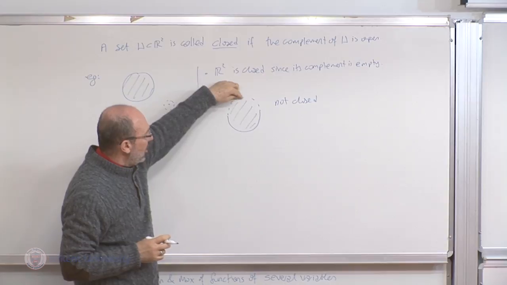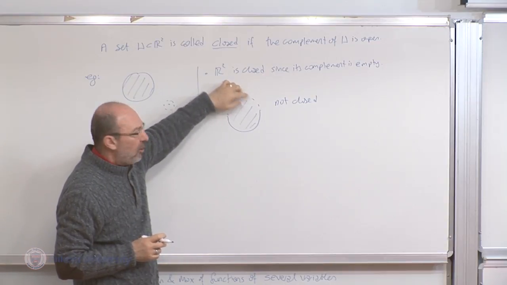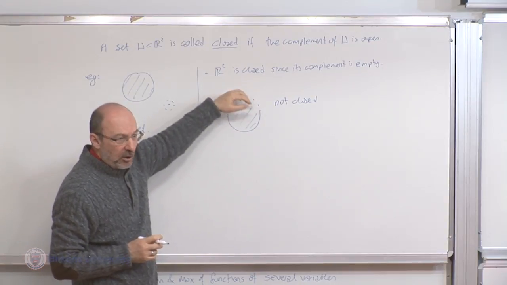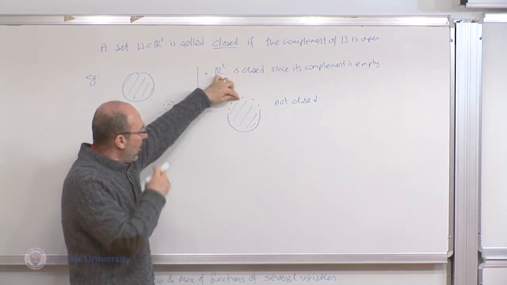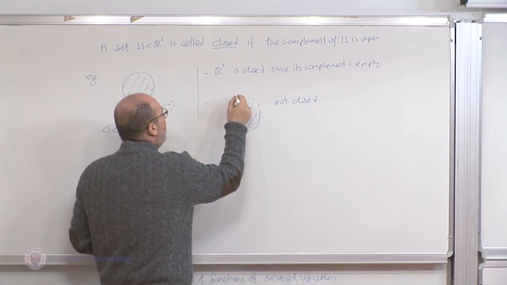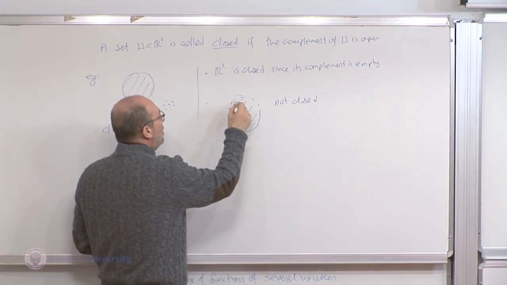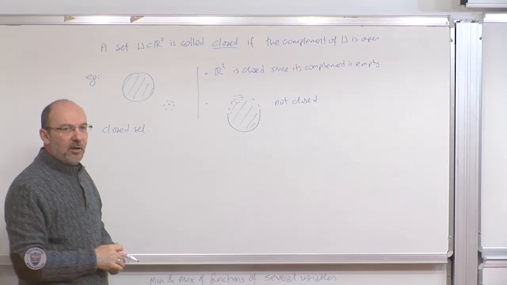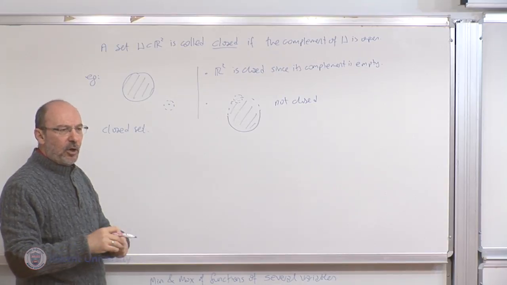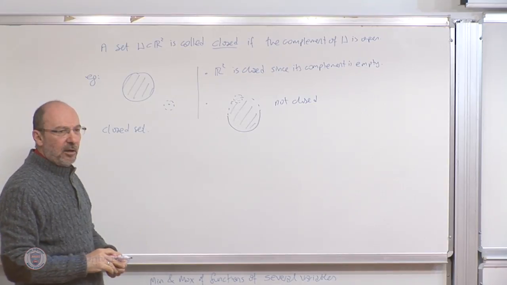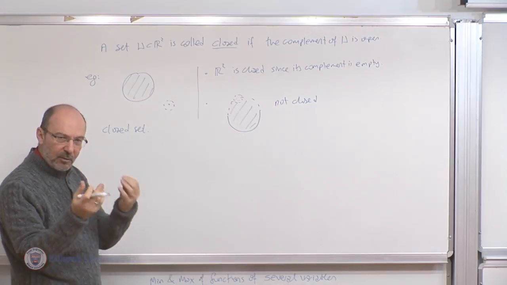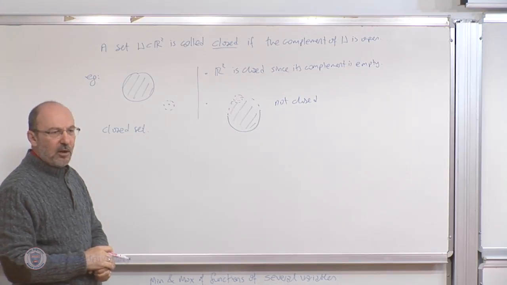Now you see that these points on the circle here are not included in my set. This is the notation. But now, if you stand here and take, no matter how small, an open ball around here, it is not disjoint from the set. It cuts the set. So points outside our set are not separated from our set. Okay, so it's not closed.